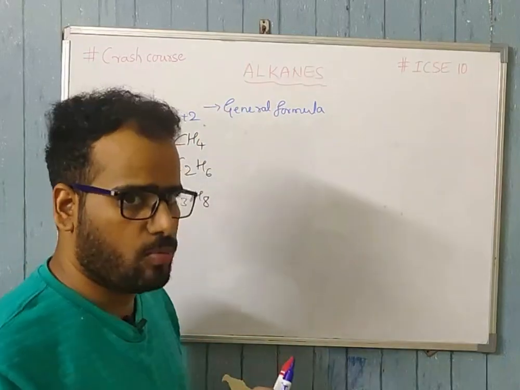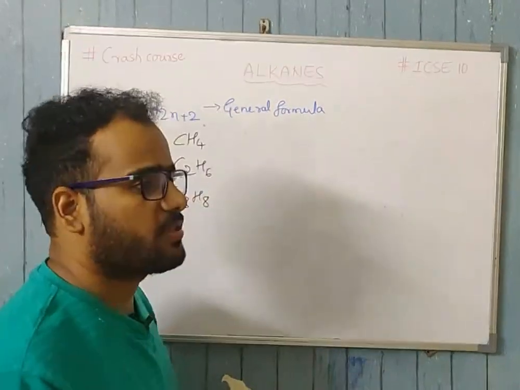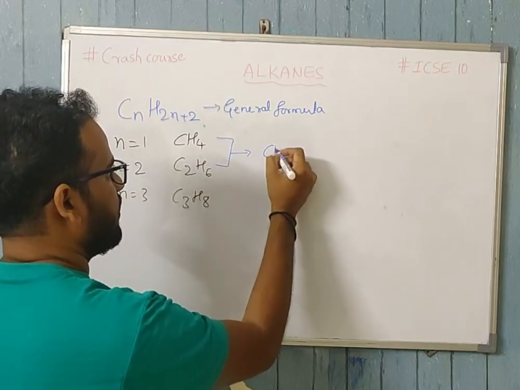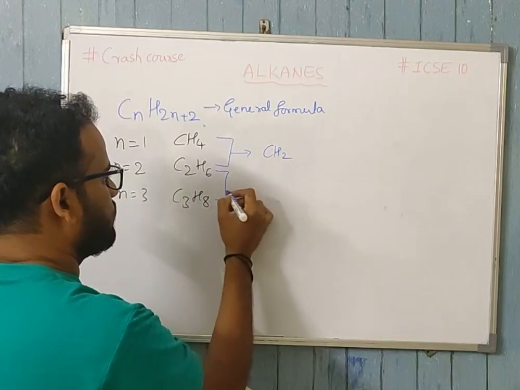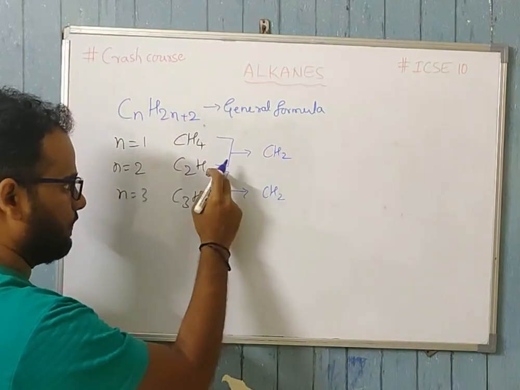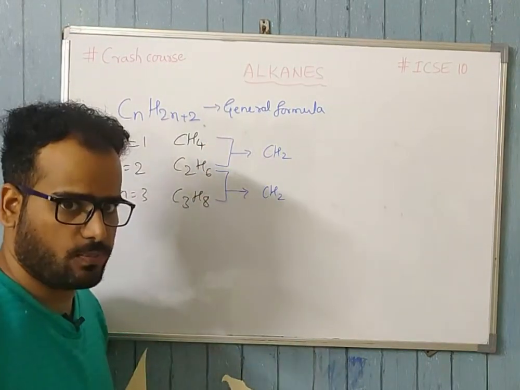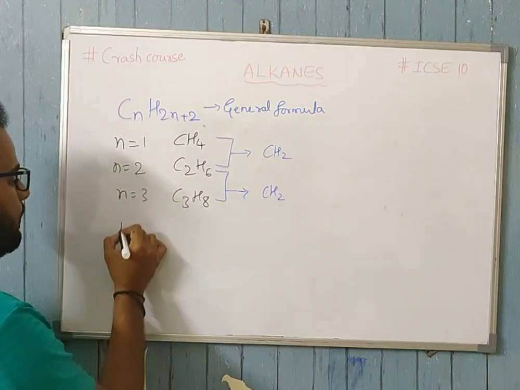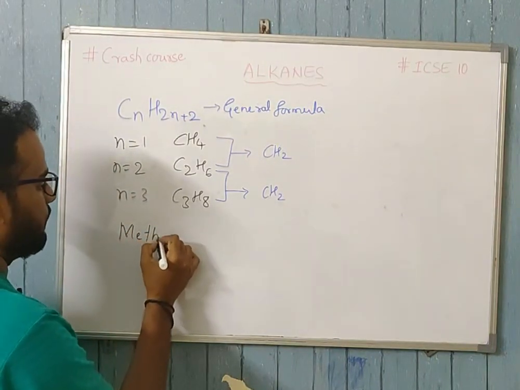Alkanes are a homologous series. In the homologous series, the successive members differ by a CH2 group. The common name you have to know here is methane.